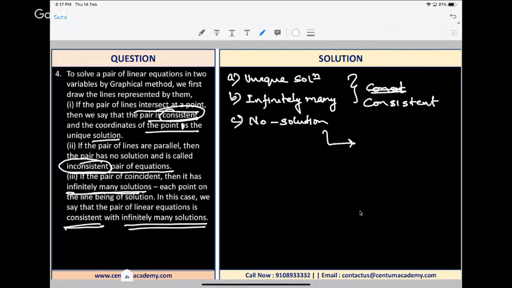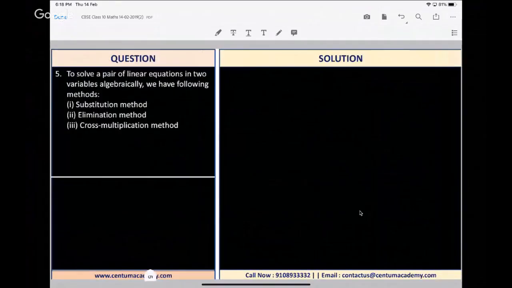And in this case, it is called inconsistent. Okay, so you must remember these, because invariably last year also in 2018 there has been one question where they had asked a question on consistency of the two equations. So let's start.